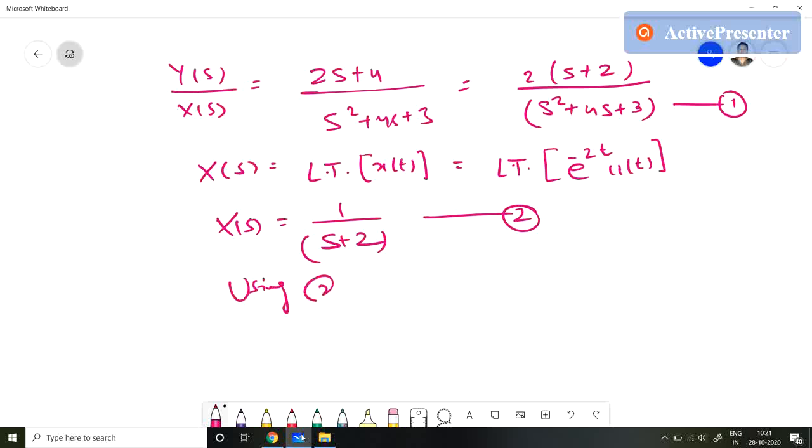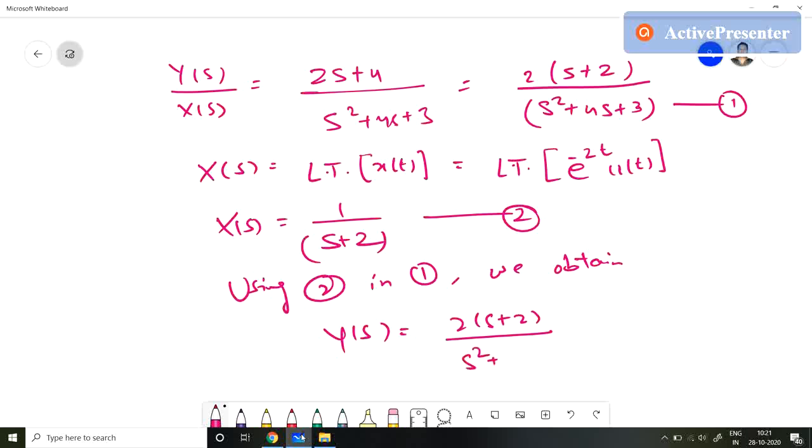So using 2 in 1, we obtain Y(s) is equal to, we can use this relation, (2s plus 2) divided by (s square plus 4s plus 3) multiplied by 1 divided by s plus 2.